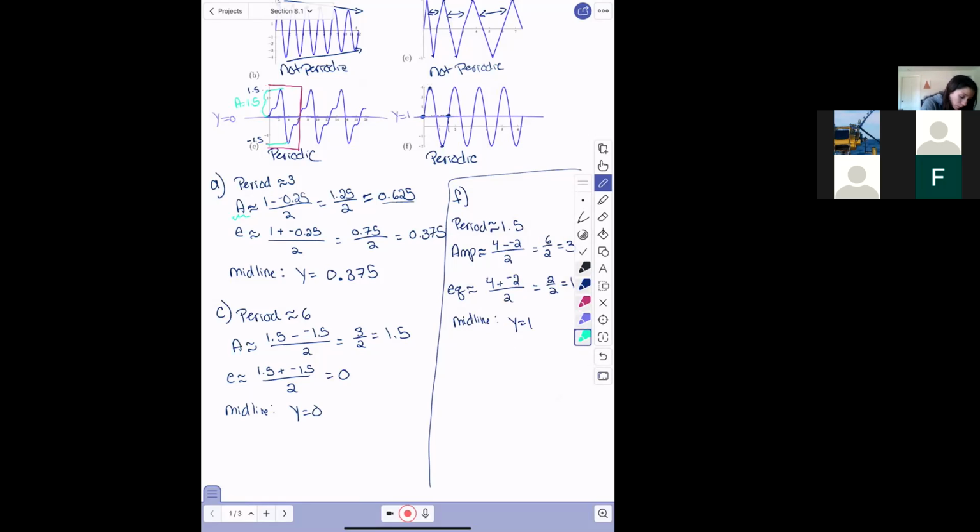And our amplitude from 1 to 4 and from 1 to negative 2 is 3. So our math makes sense. Any questions there? Okay, we'll move on then.